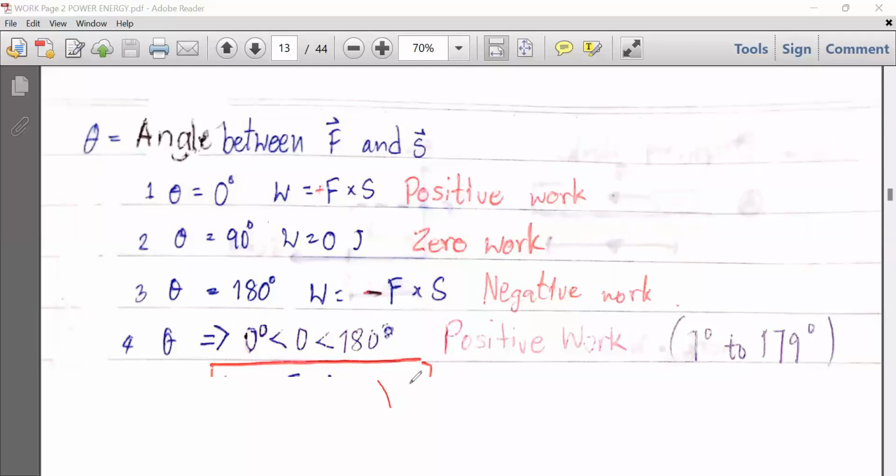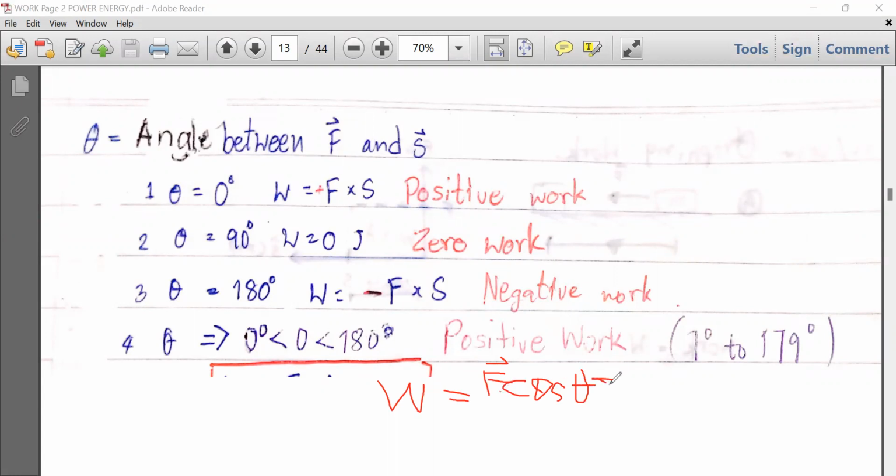Here you have work is equal to F, okay, this is a vector, so F cosine of theta times S. I forgot the S here.